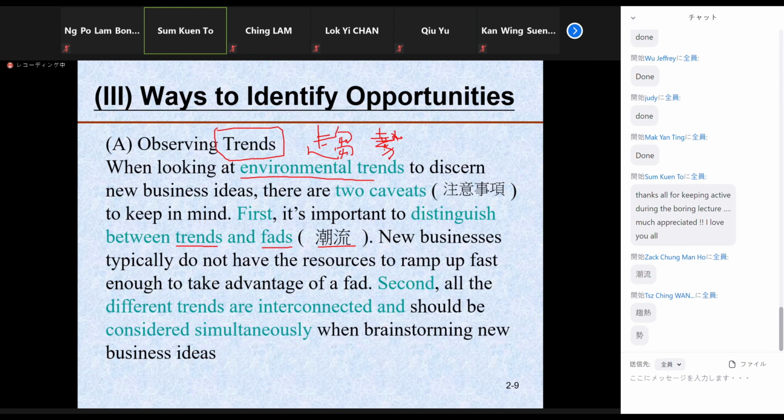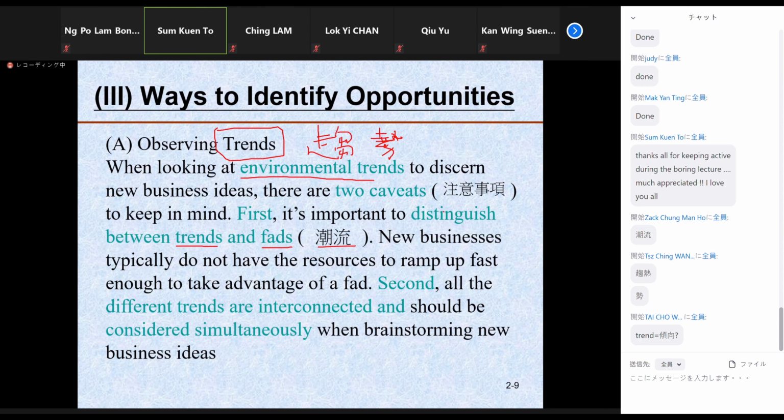how to differentiate, even though they are very similar, but to see whether trend is this, fads is that. 有冇分別? 停晒喺度啊，諗唔到係咪? Anybody can give some response, even though it may not be right, don't worry, okay?